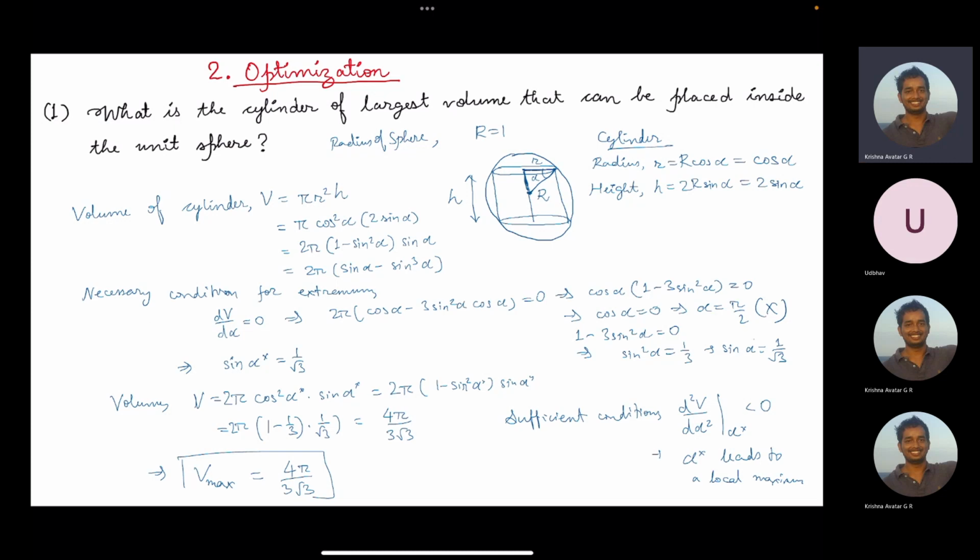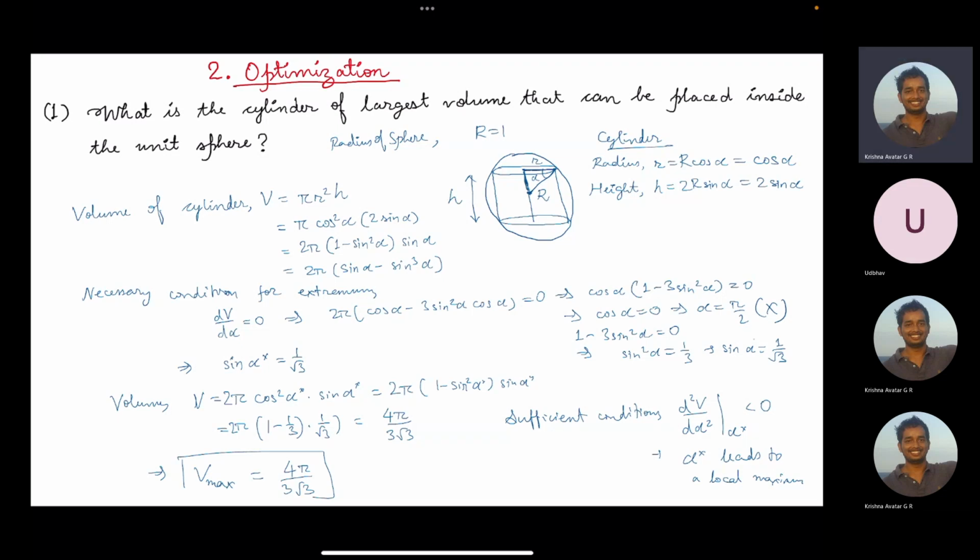So we define alpha as the angle between two lines: one drawn from the center of the upper surface of the cylinder to a point where it just touches the boundary of the sphere, and another which connects that particular point to the center of the sphere.